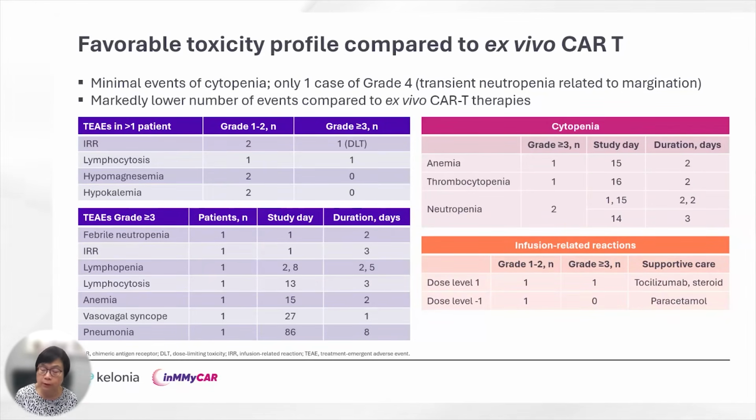For example, there was lymphopenia, lymphocytosis, a case of pneumonia, and also a transient syncope episode, which was unrelated. And as I mentioned before, it was due to this favorable toxicity profile, but also high efficacy, that we are now treating patients at dose level -1 to explore the impact.